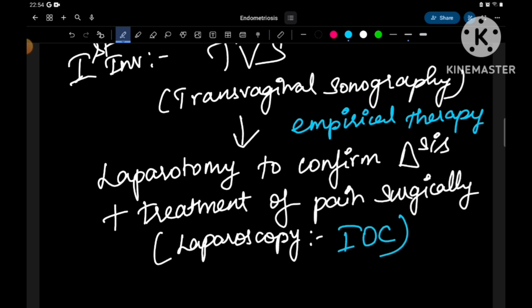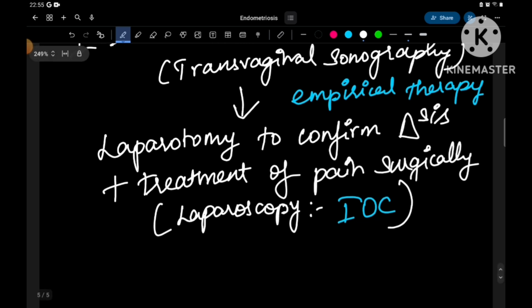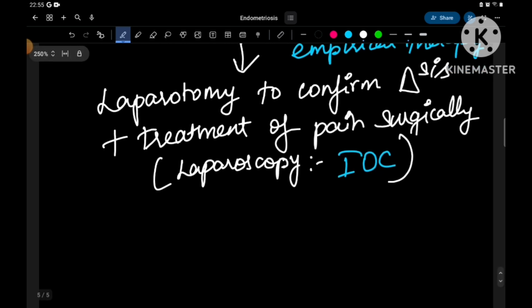Okay, now these terms I really hate, because they confuse us many times. See, there is something called gold standard, there is something called best, and there is something called investigation of choice. This should not confuse us. I also got confused many times. Investigation of choice is the one test which you do to confirm the diagnosis: laparoscopy.